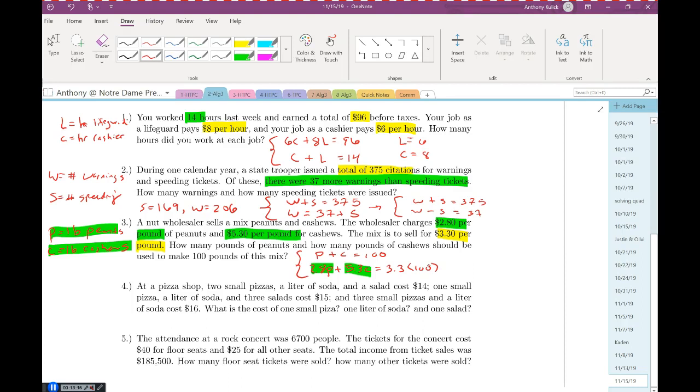Can we see how the units were helpful in figuring out whether our equations were correct or not? Those of you that are in a physics or chemistry class that have done some unit conversion this year should feel rather comfortable thinking about things that way. All right. So when I solve this system, I get P is equal to 80 and C is equal to 20.